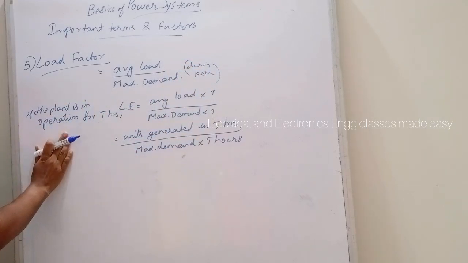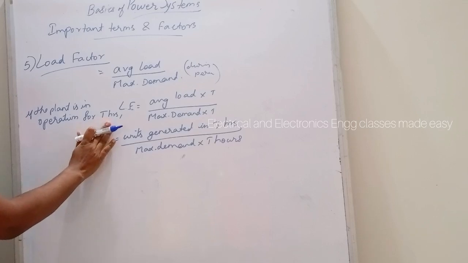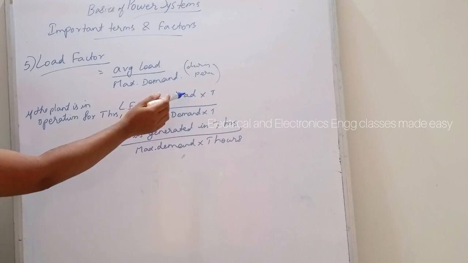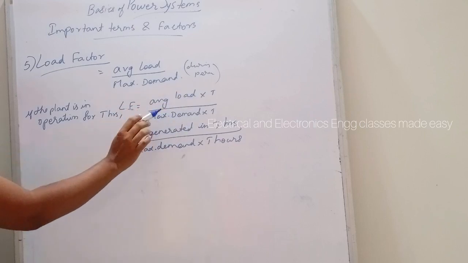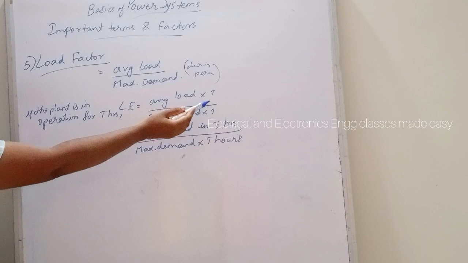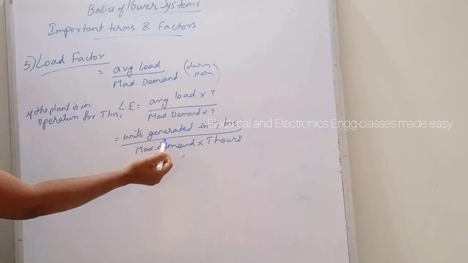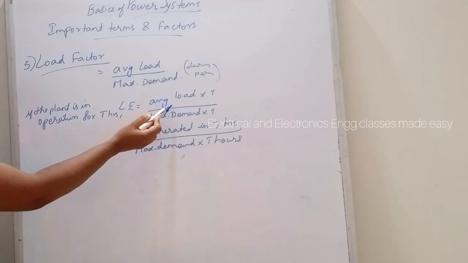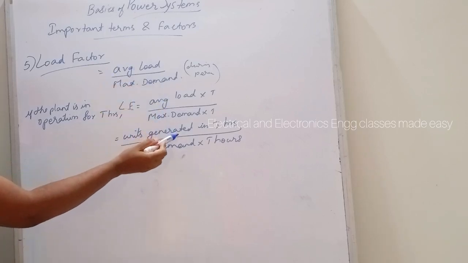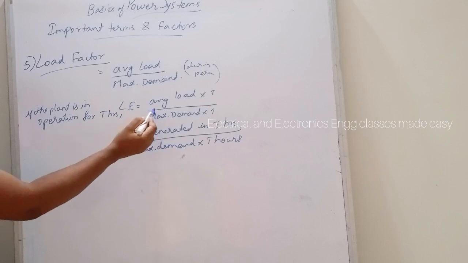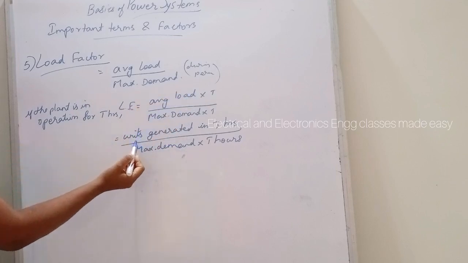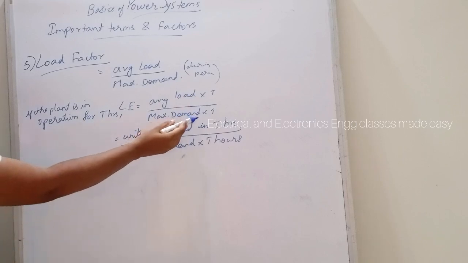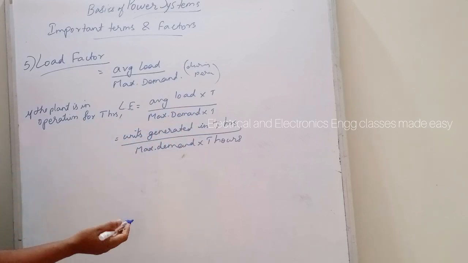So if the plant is in operation for T hours, then load factor is equal to average load into T divided by maximum demand into T. And average load into T is the number of units generated in T hours, because average load is equal to number of units generated divided by time. So load factor is equal to units generated in T hours divided by maximum demand into T hours.